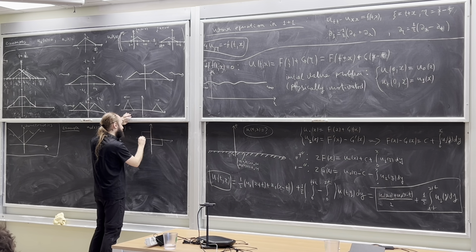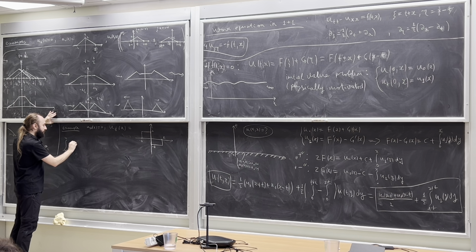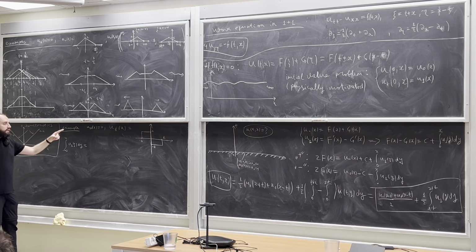So let us say we integrate this u1 of x, and we can integrate it from minus infinity for simplicity. So we go integral from minus infinity to x of u1 of y dy, and it will have the same form as this function.